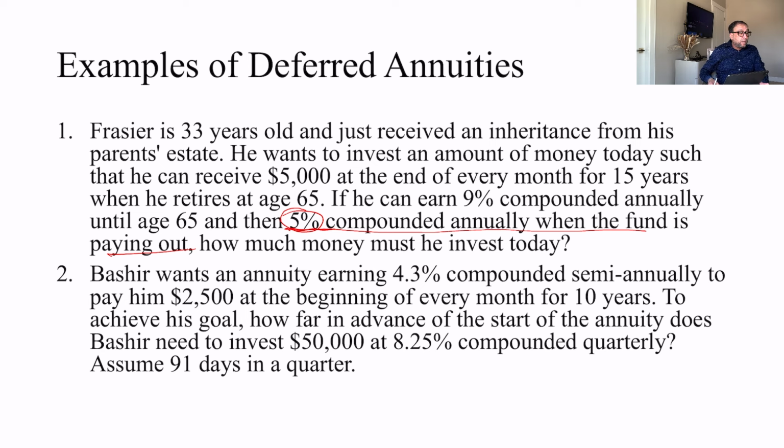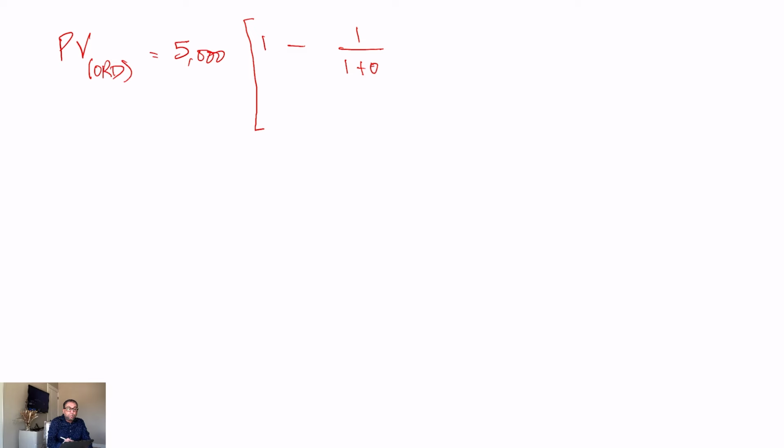We can write it here as 0.05 exponential. Now what is CY? What is PY? CY is 1 and PY is 12. And N in this case is going to be how much? 15, right? Because 15 years times 12 is 180.